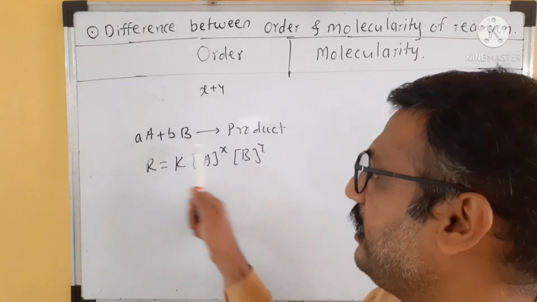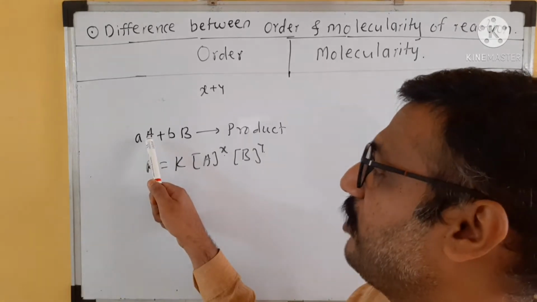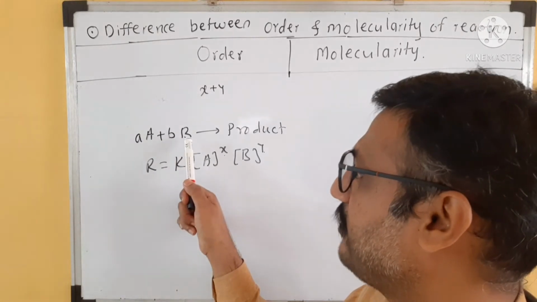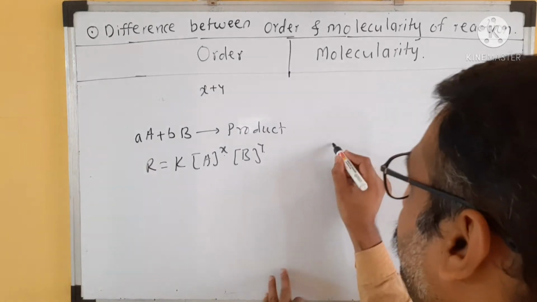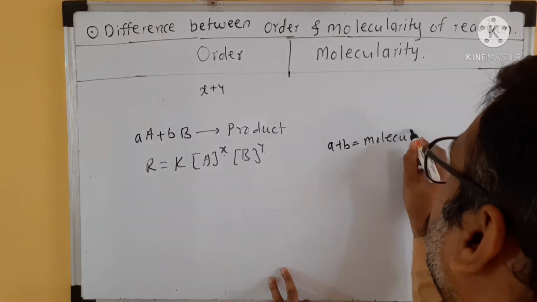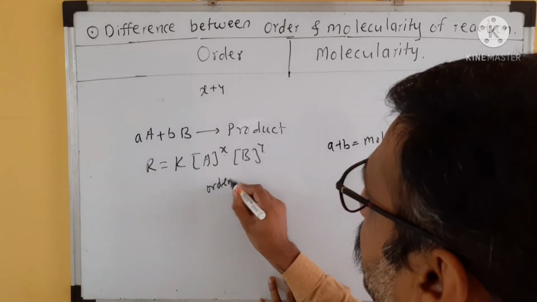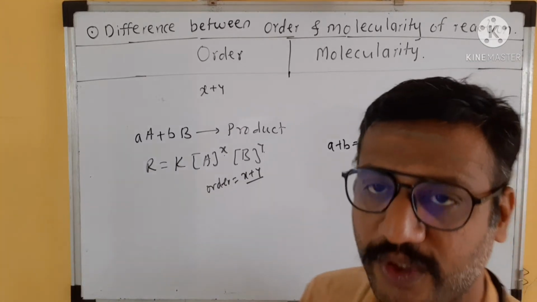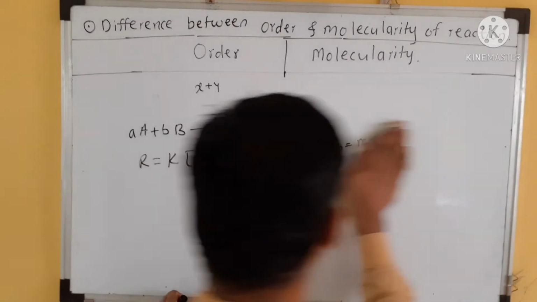How many atoms or molecules of capital A are involved, small a, and how many of B, small b? So a plus b is the molecularity, and the order is x plus y. This is the first point of differentiation, the definition of both.